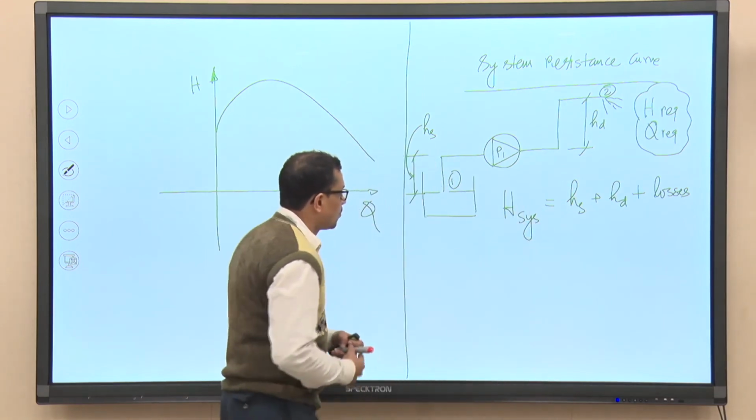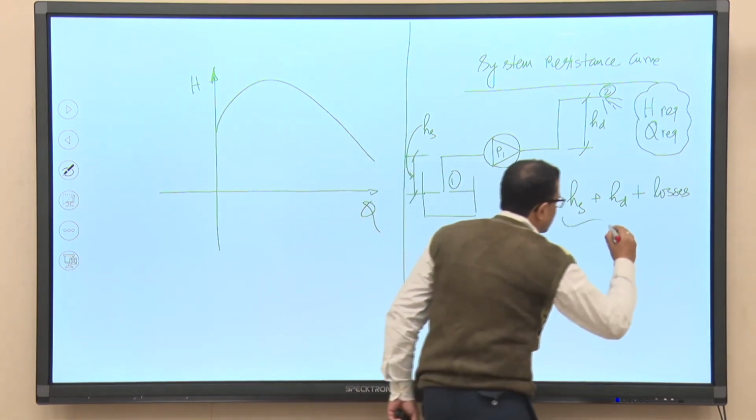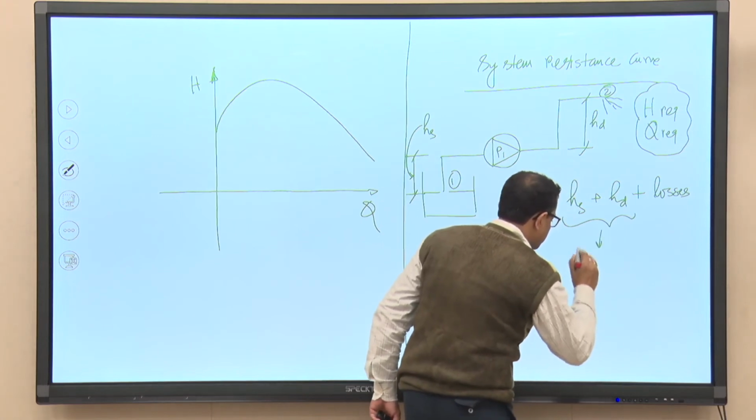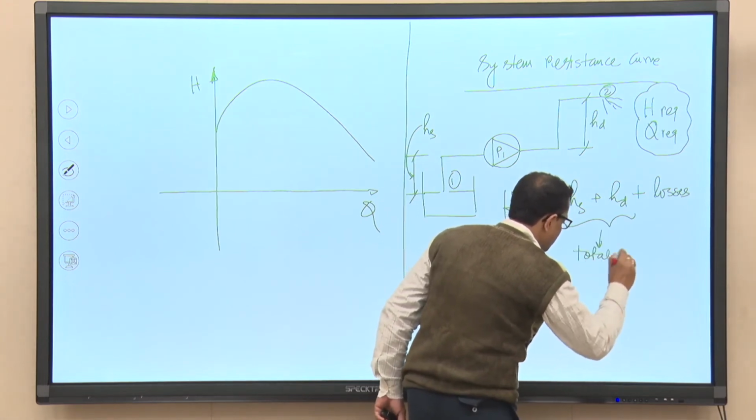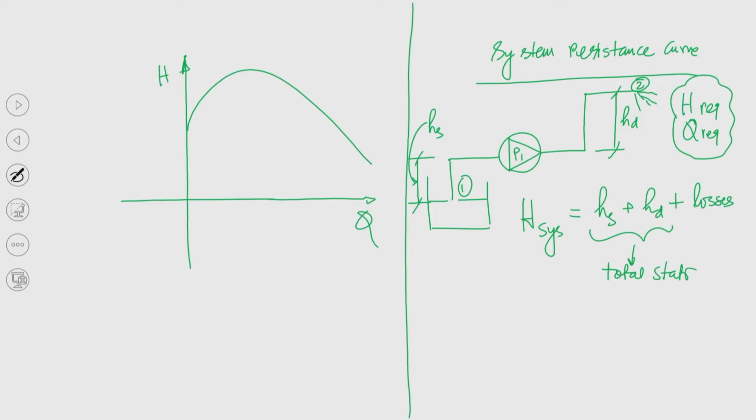Okay. So, this is the system resistance curve, that is the total static height, and this is the friction loss. So, frictional loss. Okay.